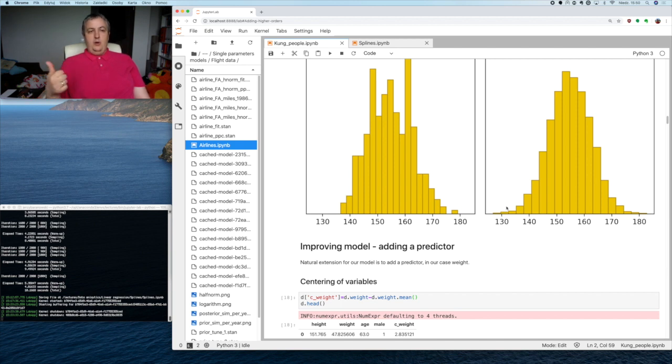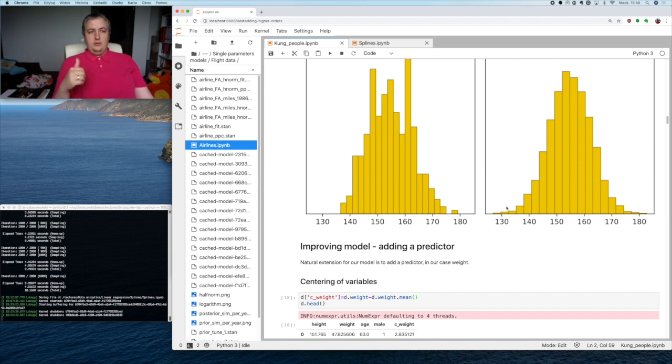Why? Because our predictor then would be on a smaller scale, spreading from negative to positive values, but also we have now the interpretability of the intercept coefficient.